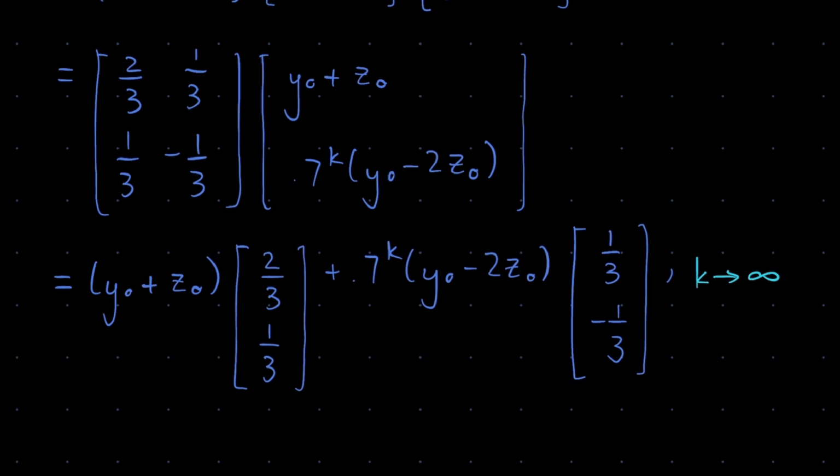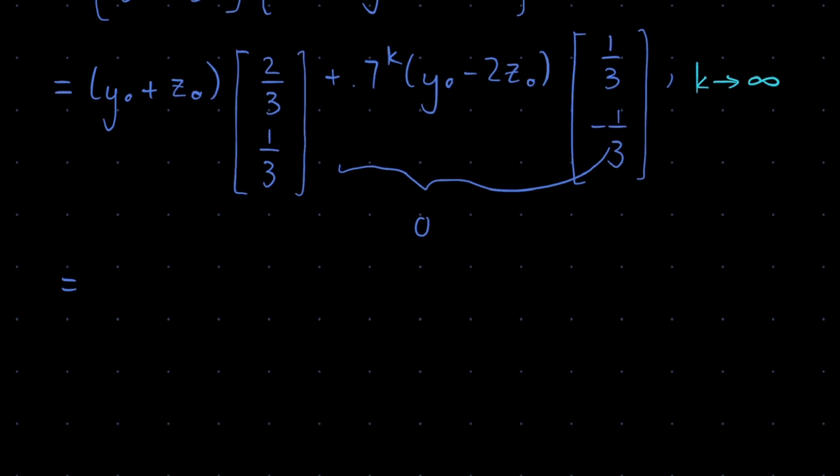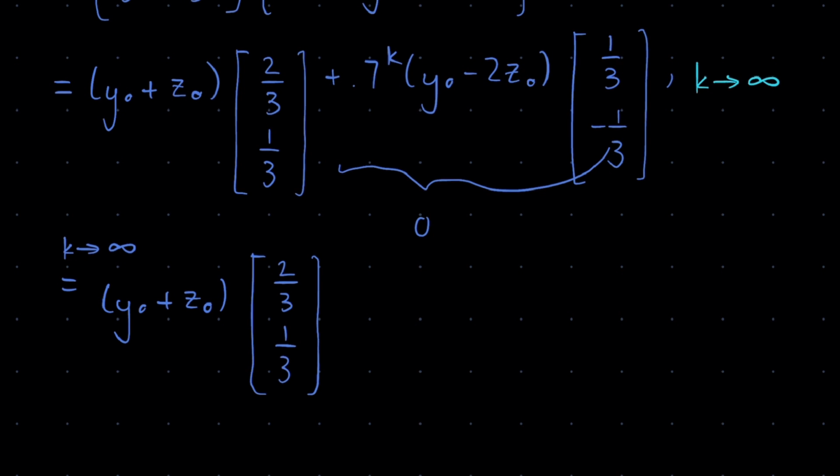So these converge to 0, which gives us finally, as k approaches infinity, y naught plus z naught and this vector. Fantastic. Now, this is equal to u infinity because k is approaching infinity. And notice, these are all constants, which means our population actually converges to a final distribution.